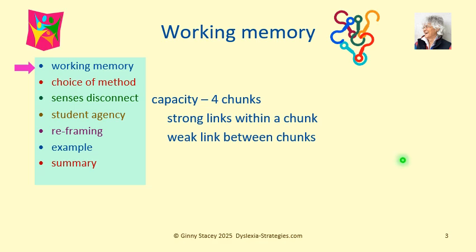So I've done a video about the capacity of working memory, which goes into more detail than I'm going to cover here. For the purposes of this video, the important ideas are that the capacity of working memory is contained in 4 chunks, so that all of us put information into a chunk so long as there are strong links between the various pieces of information that we are putting into that chunk.